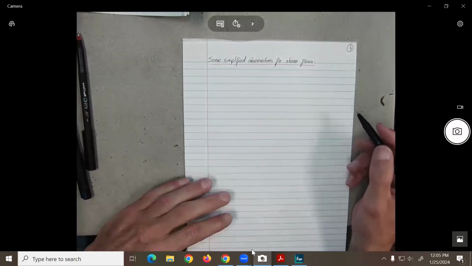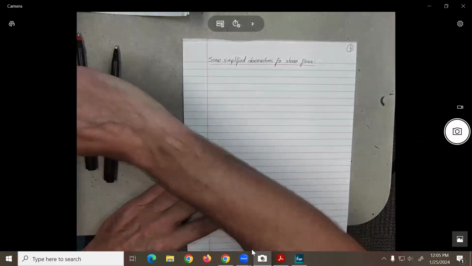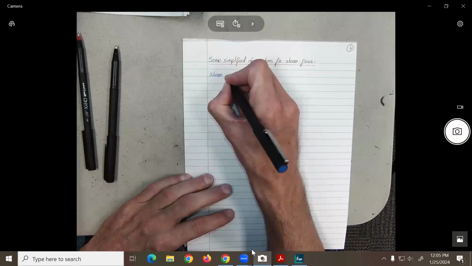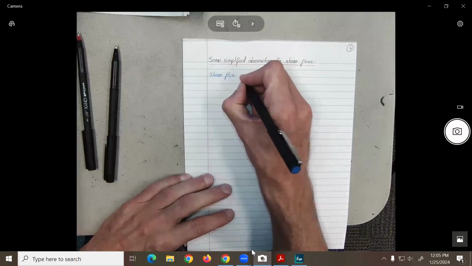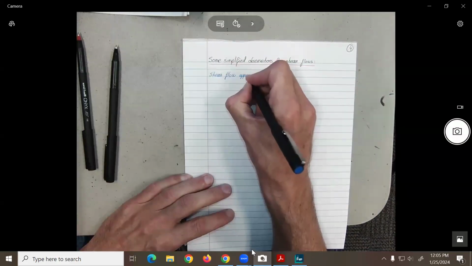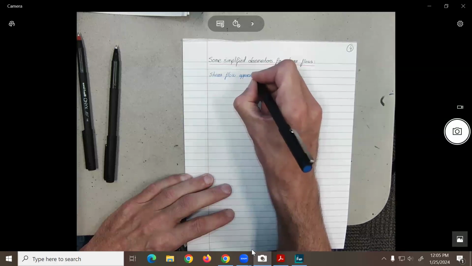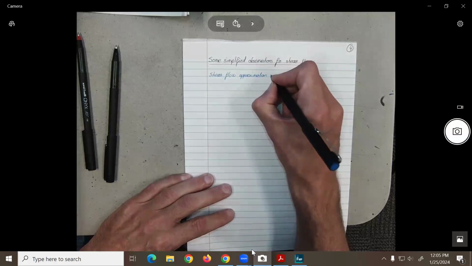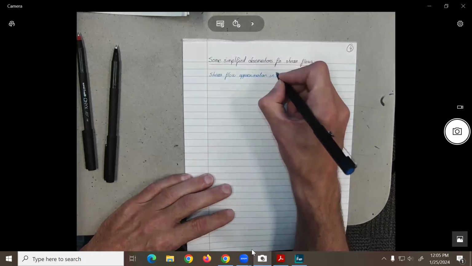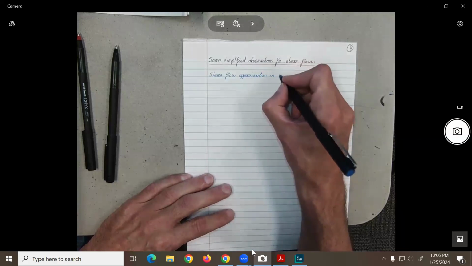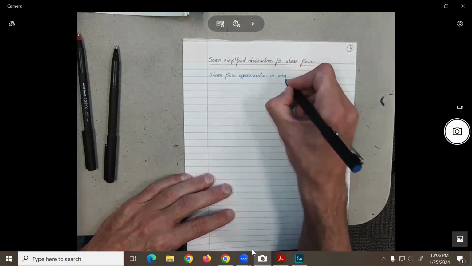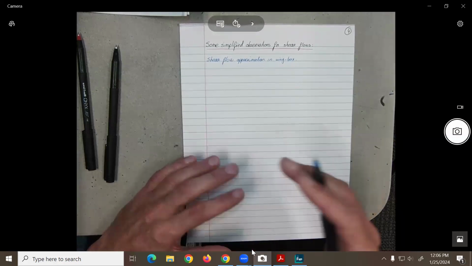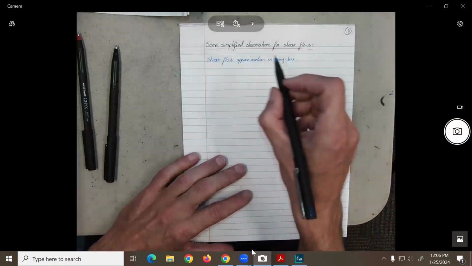So the first one, let's say, shear flow approximation in, let's say, a wing box, or it can be a frame, whatever you want. But let's do a small figure here.